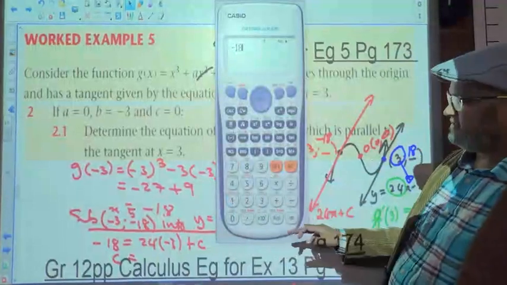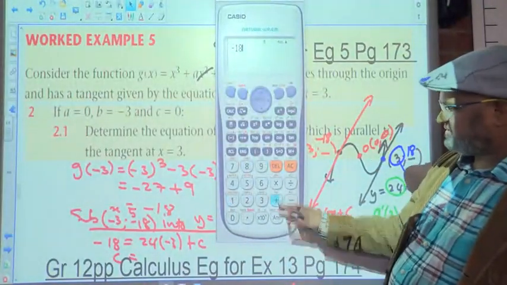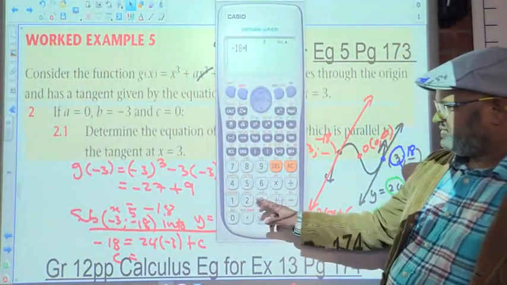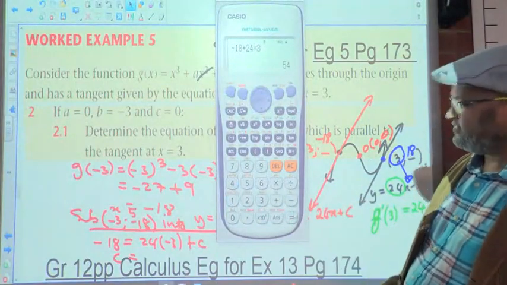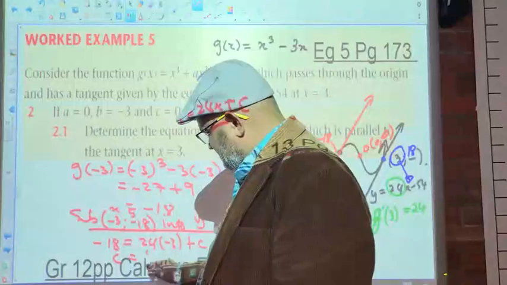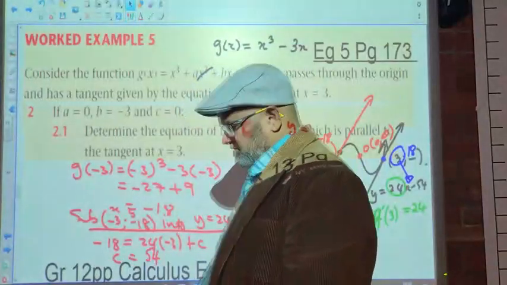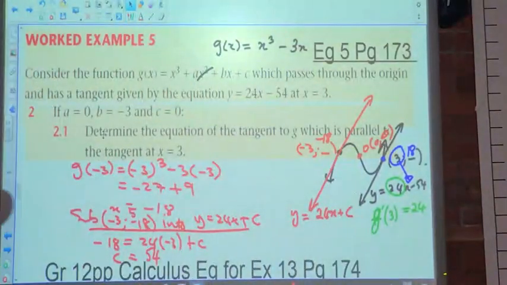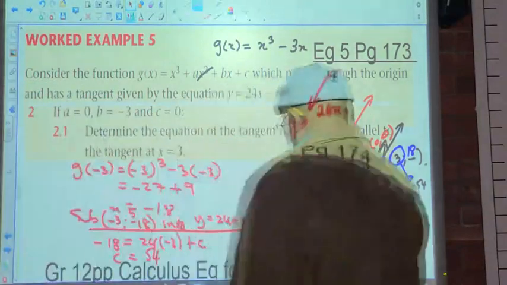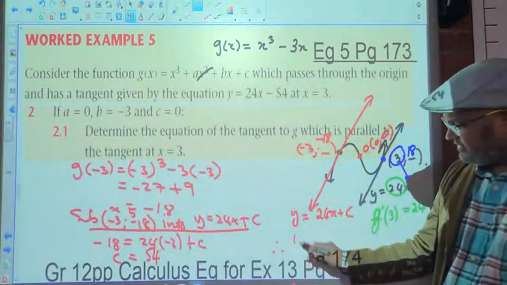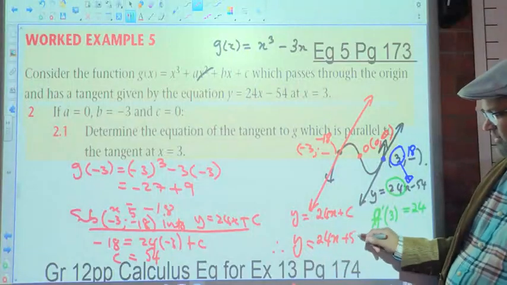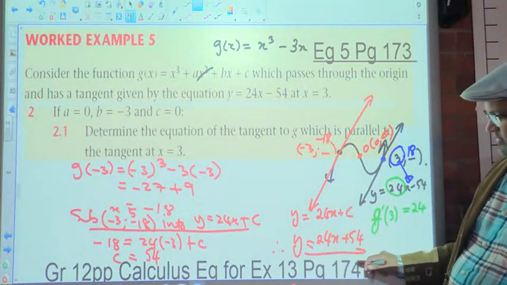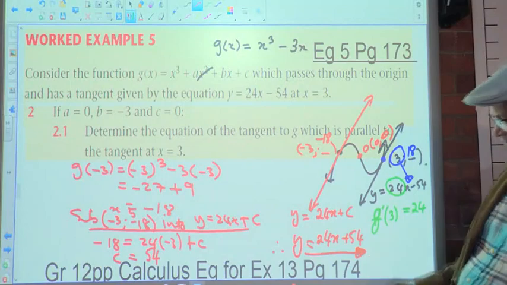negative 18 plus 24 times 3, to give you an answer of 54. Alright, so that's my equation. Therefore, the other equation is y is equal to 24x plus 54.